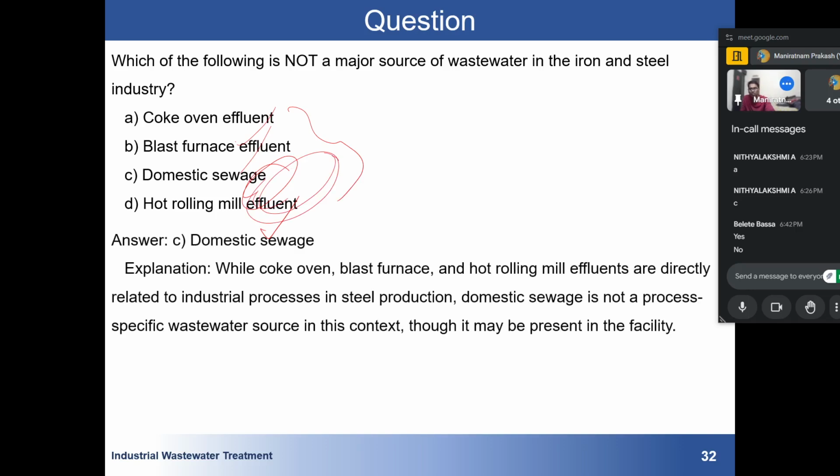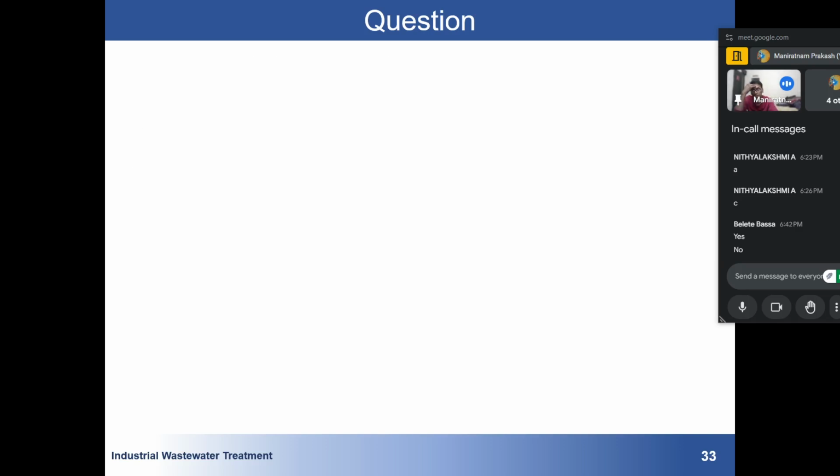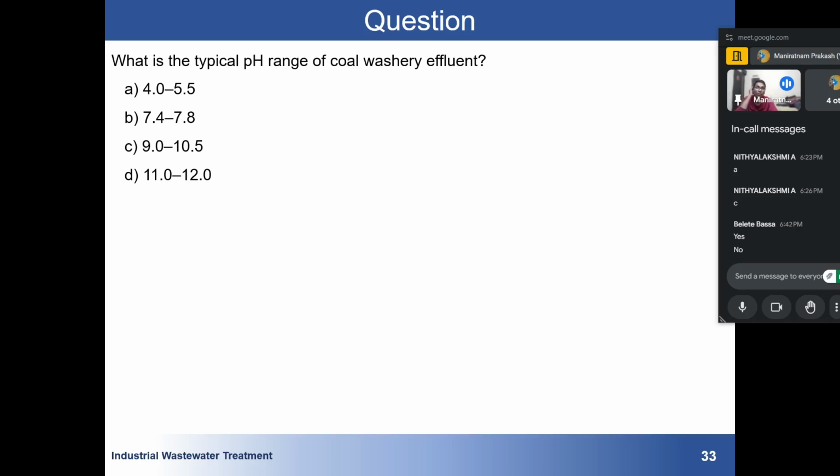While coke, blast furnace and hot rolling are directly related to industrial process and steel production, domestic sewage is not. It is not processed or specific to this industry, though it may be present in some facility. What is the typical pH range of coal washery effluent? See, this thing you should know.